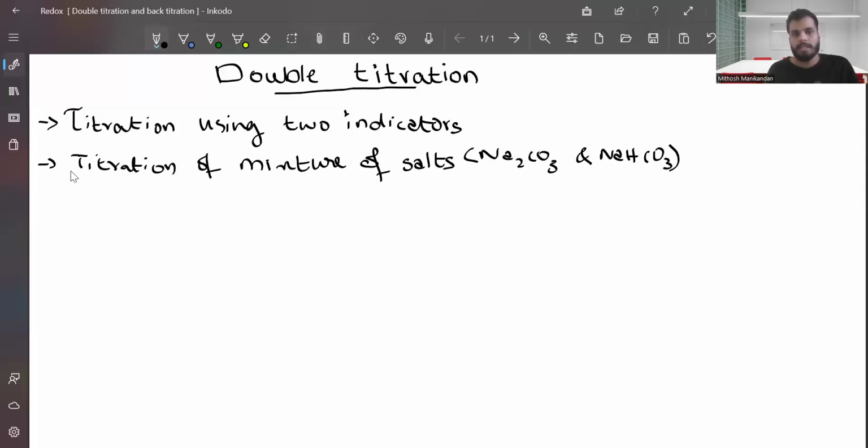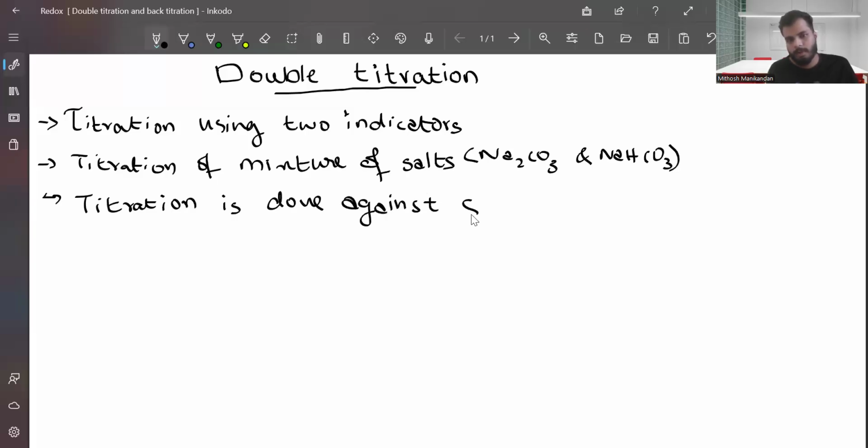Now, titration can be done against anything, but here it is done against a strong acid, such as HCl or H2SO4, because otherwise this will become more complicated.